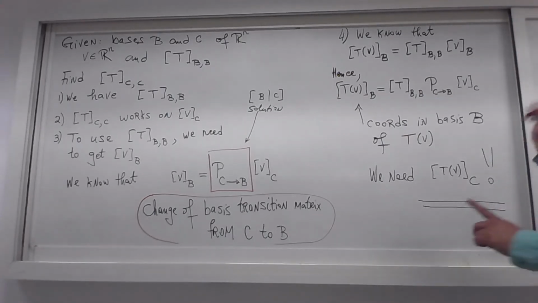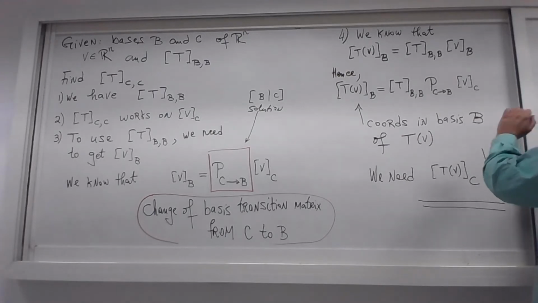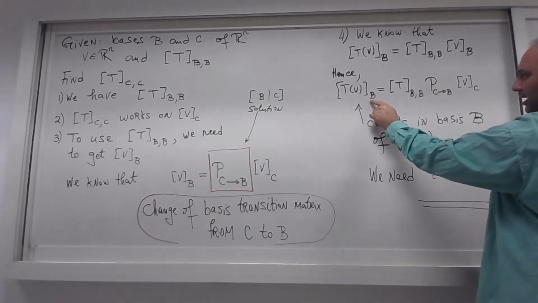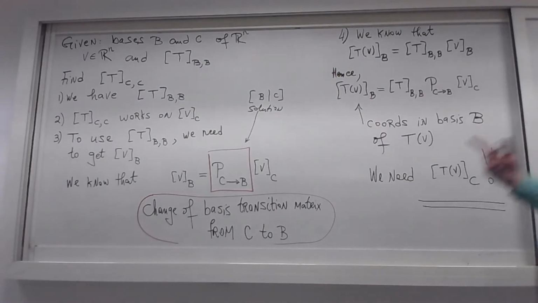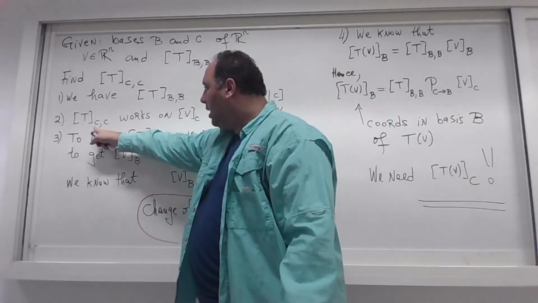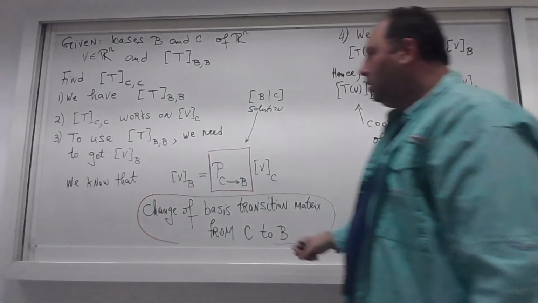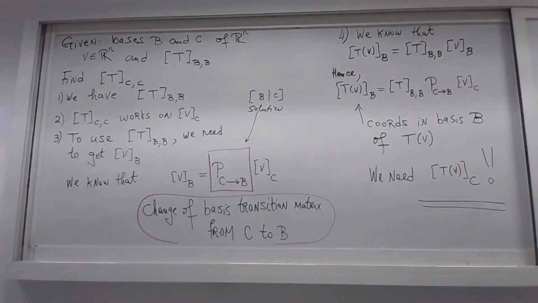Okay, so that's the easy part. What we need to realize is that these are coordinates in basis B. Good. What we want at the end of the day are the coordinates in basis C. But that's not a big problem. We just need to convert the coordinates from basis B into coordinates in basis C. How do we do that?